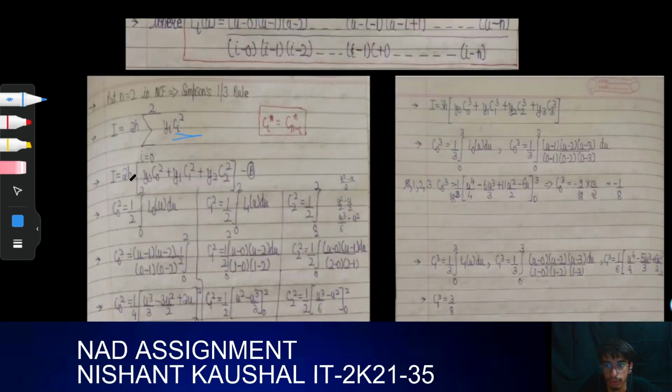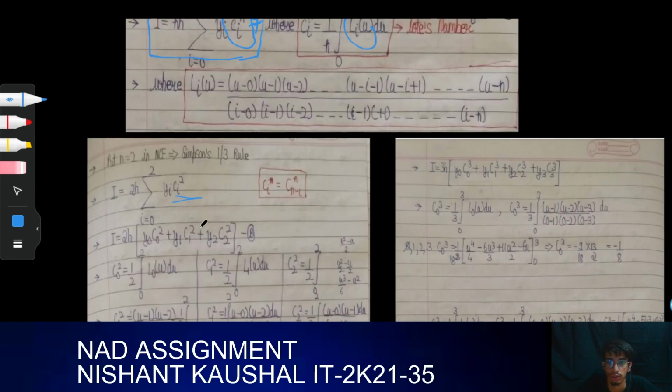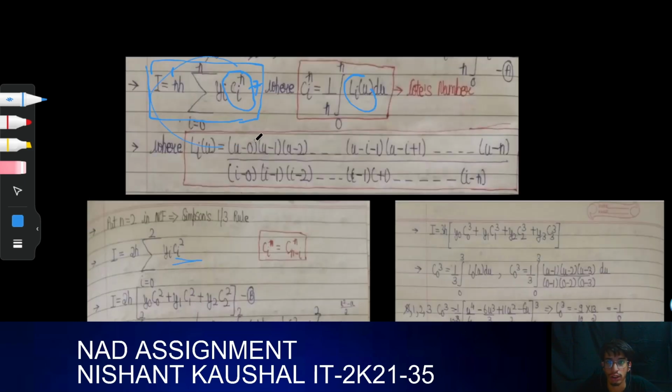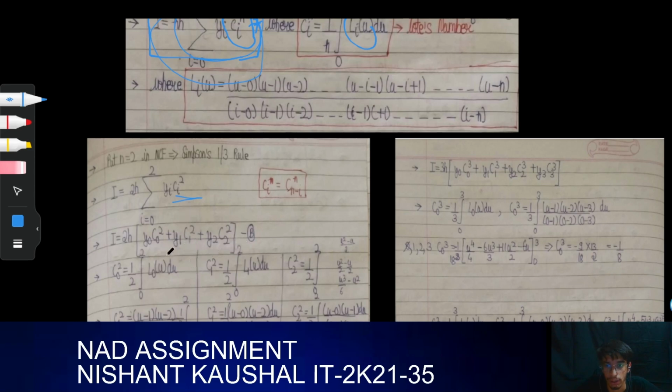So it will be I equals 2h times y0 c0 squared plus y1 c1 raised to the power 2 plus y2 c2 raised to the power 2. We have just expanded this term, right? 0 0, 1 1, 2 2, right? Now we will go for the value of L, Lagrange's number.